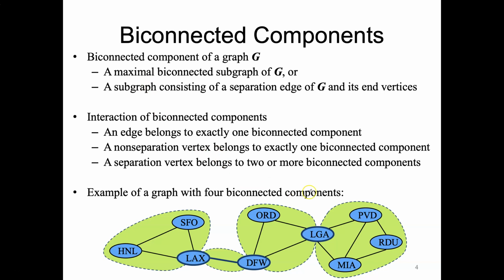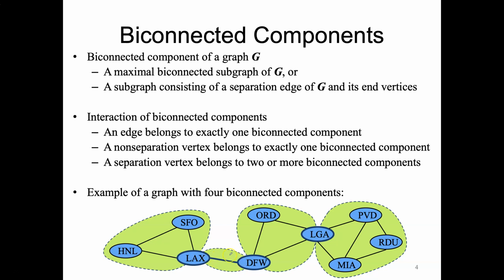For example, here's a graph that has four biconnected components. We've got one biconnected component here, our second one here, our third one here, and our fourth one here. Each biconnected component is either a maximal biconnected subgraph, or it's just a single separation edge.